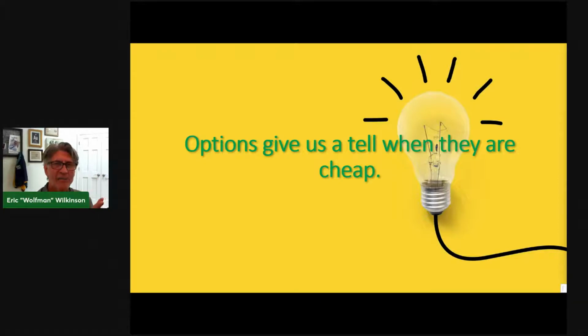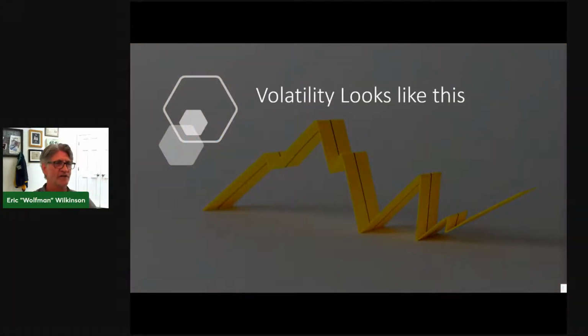But with options, each individual stock has its own range-bound volatility coefficient. I hope you guys don't run away with me saying that. All I'm trying to say is when we look at a stock, it looks very similar to that last volatility chart.